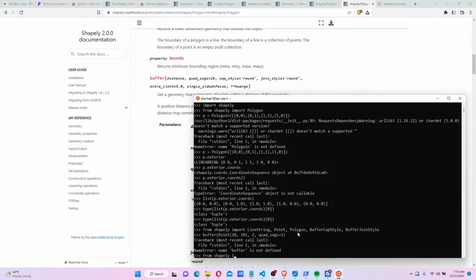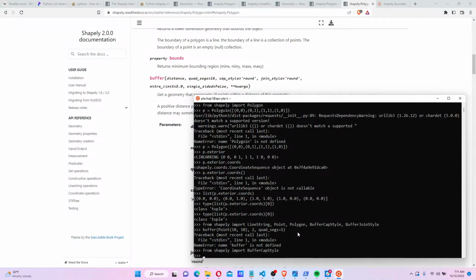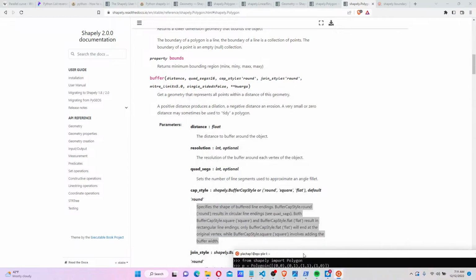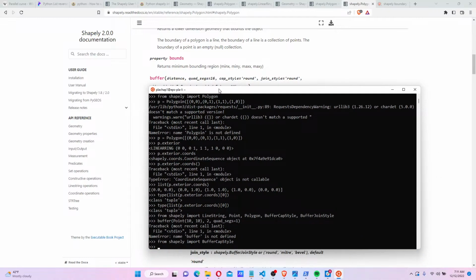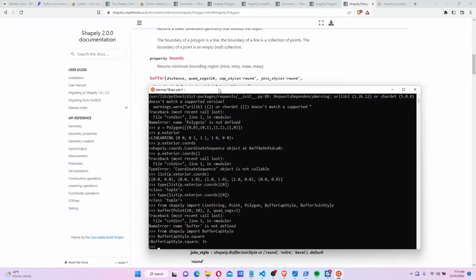From shapely, import buffer, cap style. Buffer, cap style, dot square. Okay, so I could just do that.